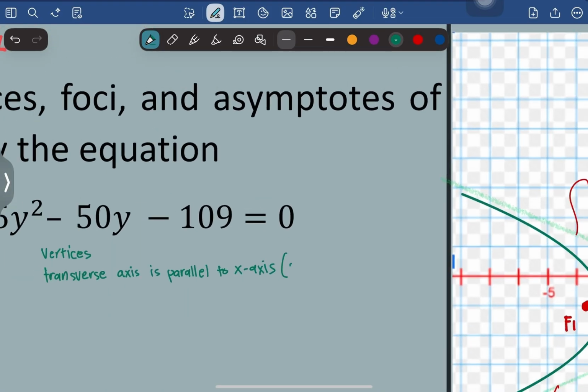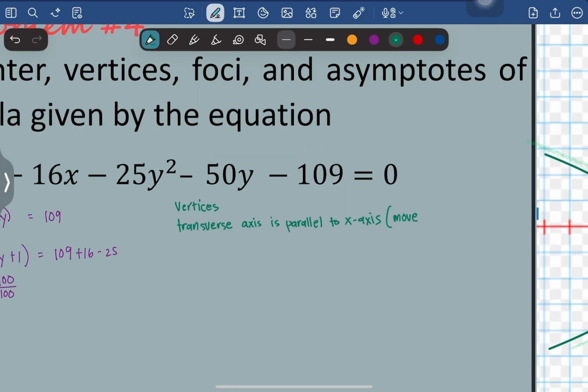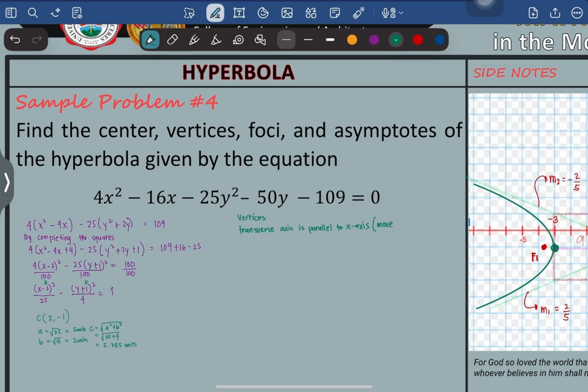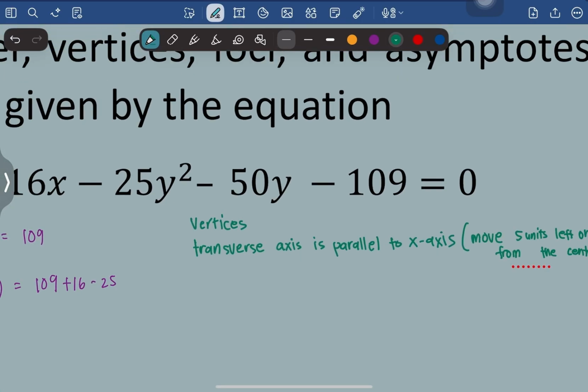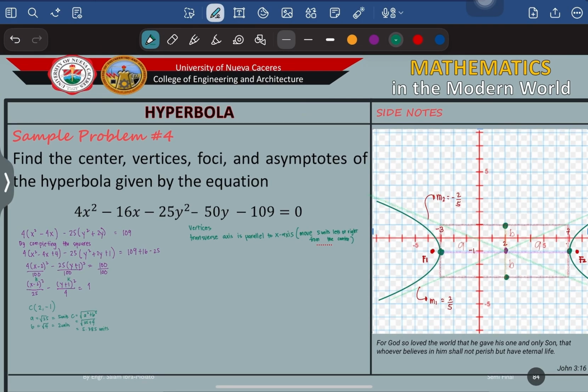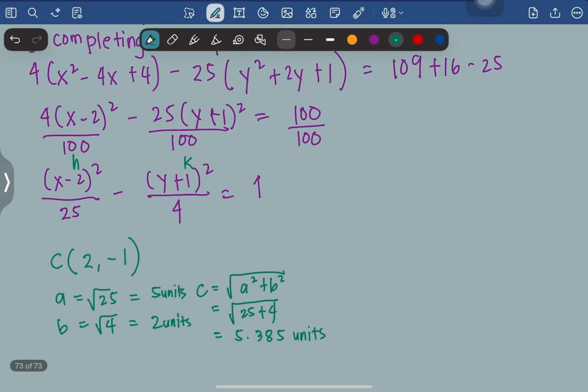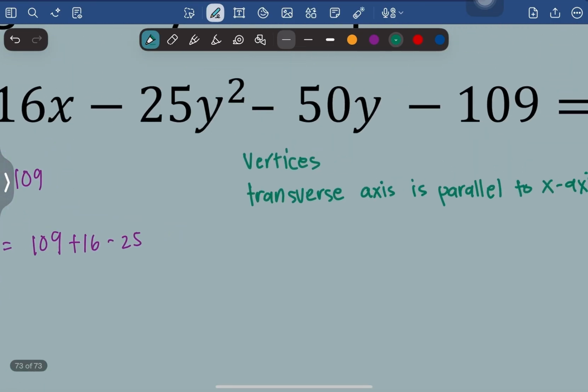So you need to move yung a under ng x, is 5. So you need to move 5 units left or right from the center. Based from this answer, the center is 2, -1.